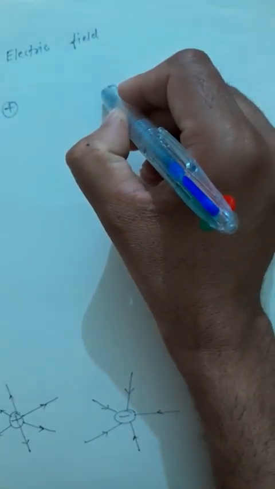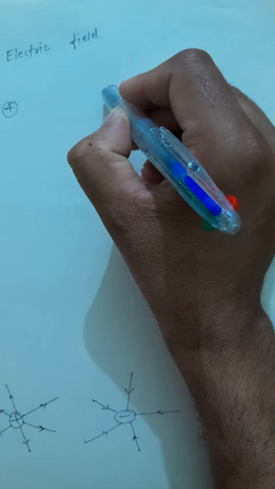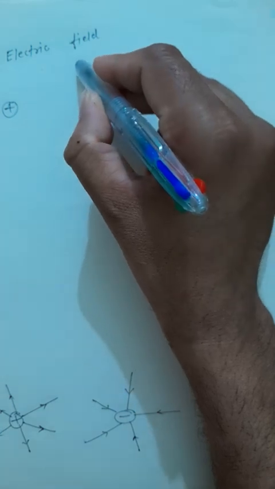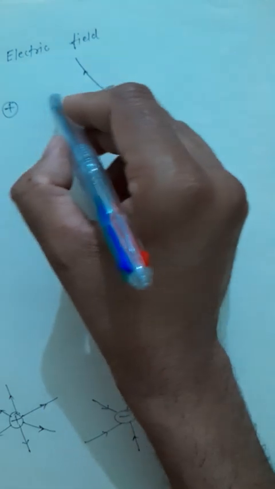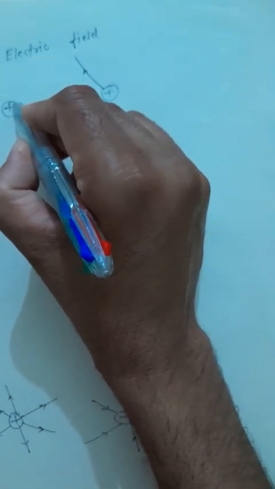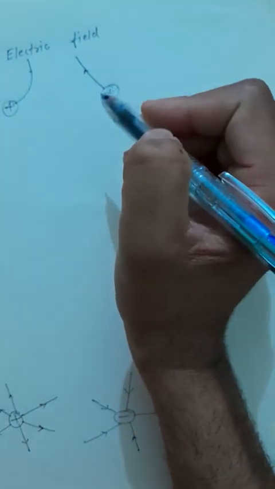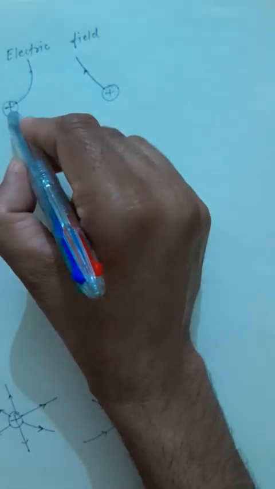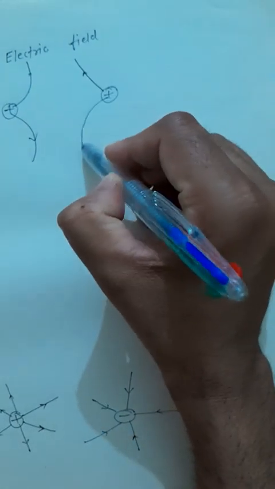The line which is coming out of this charge straight will bend, and you can say it elongates like this. The repulsion is shown like this.